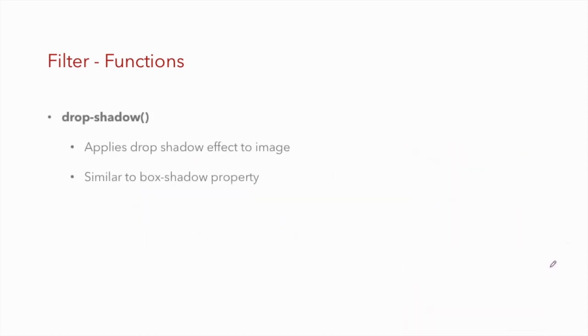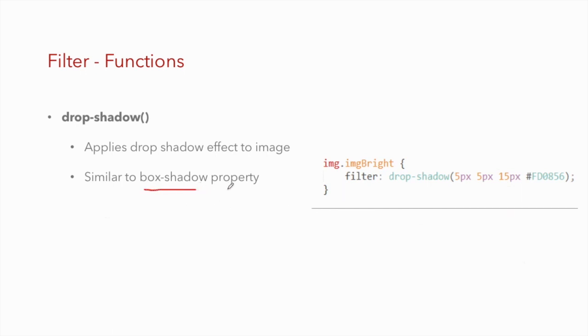Then we have drop shadow. It applies a drop shadow to the given image. Drop shadow is a very important effect in case you want to create a shadow for an HTML element. This is almost similar to the box shadow property, but here we are making use of filter and we are specifying the drop shadow function.